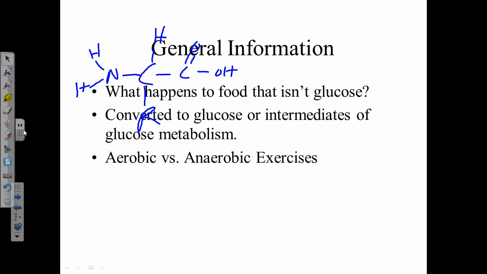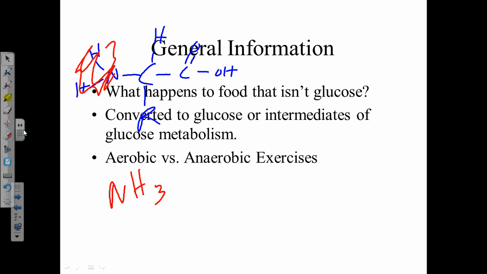The amino group. And that forms what waste product? When that gets ripped off, it combines with the hydrogen to make ammonia, right? And what two organs really have to help us get rid of that? The liver is going to take it and convert it to what other less toxic waste product? Urea. And then the kidneys are going to get it out of our bodies for us.